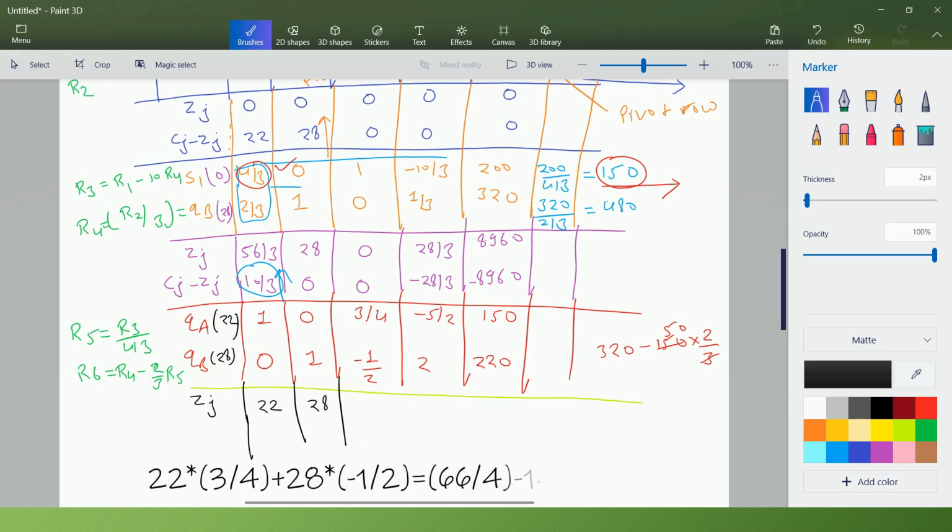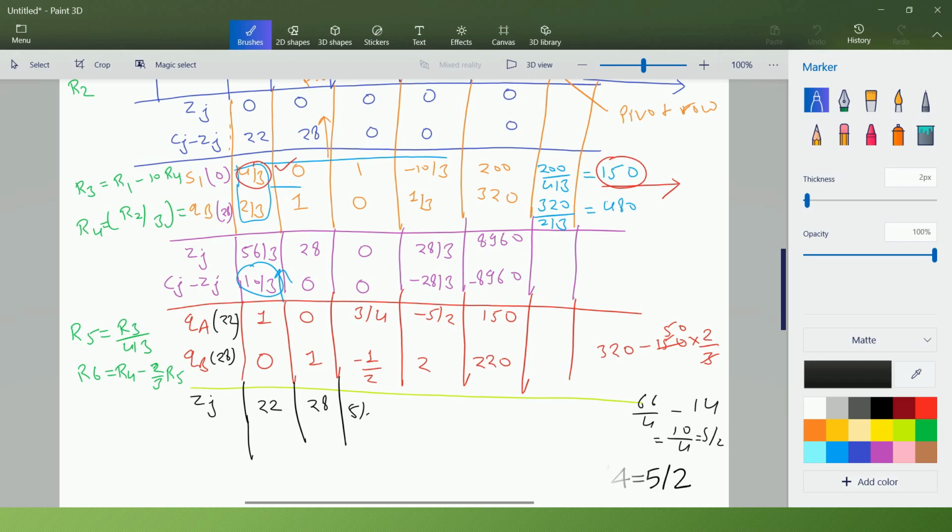Here I will get 66 by 4 minus 14. This will be 10 by 4. This will be 5 by 2. So here I will have 5 by 2. Here I will get 1. Just let me show it to you. 22 minus 5 by 2. This will be 11. So minus 55 plus 28 multiplied by 2 is 56. So I will get 1.